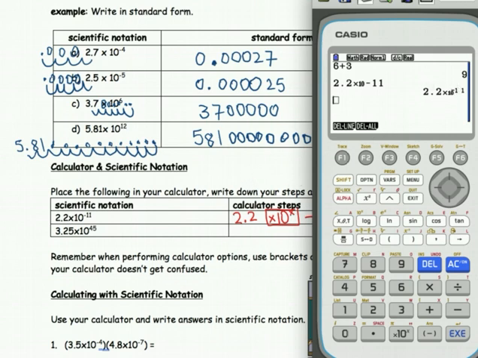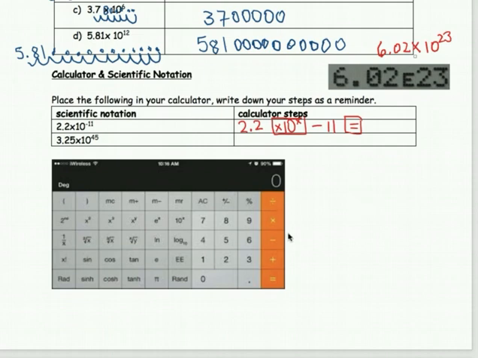So I just grabbed some screenshots of an iPhone, Android, and some other calculators. If you're trying to find this mode on your iPhone, you just have to turn off your rotation lock, and then turn your phone sideways, and then you should see a scientific calculator like this.